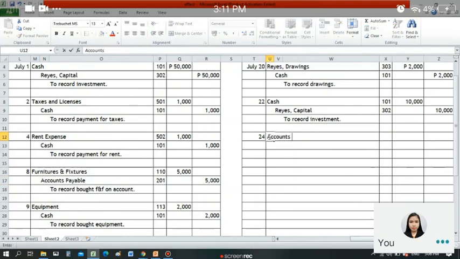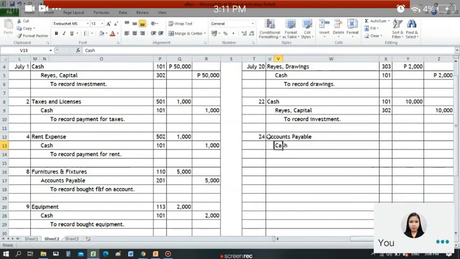Since this is what you paid, we decrease it. When a liability like accounts payable is on the debit side, it decreases, because the normal balance of accounts payable is on the credit side. And then we credit the cash because we paid.